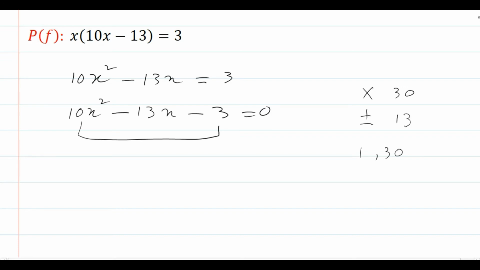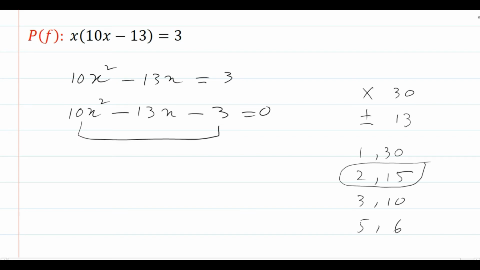When you multiply 2 and 15 you will get 30. When you multiply 3 and 10 you will get 30, and you can get 30 by multiplying 5 and 6. These are the possible pairs, and I think this one will be the most suitable pair.